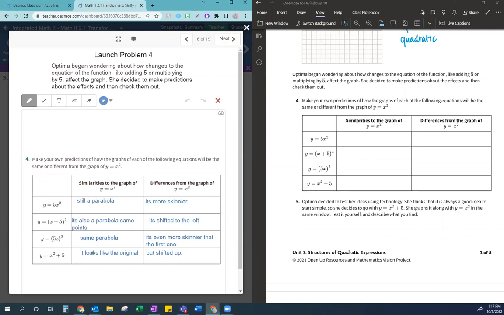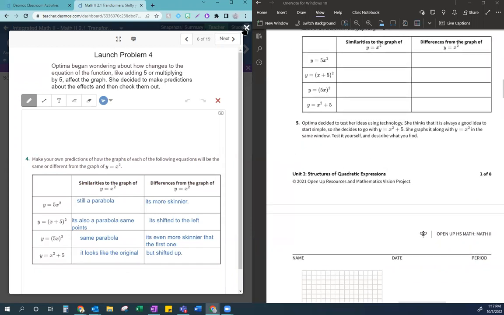This one said, it's still a parabola. It's even skinnier than the first one. Oh, that's funny. So they got skinnier. And this one says, it looks like the original, but it got shifted up. Very good. So it sounds like this person used the graphing calculator to help them do that. Really strong work. So yes, however you predict, that's going to be your own prediction.